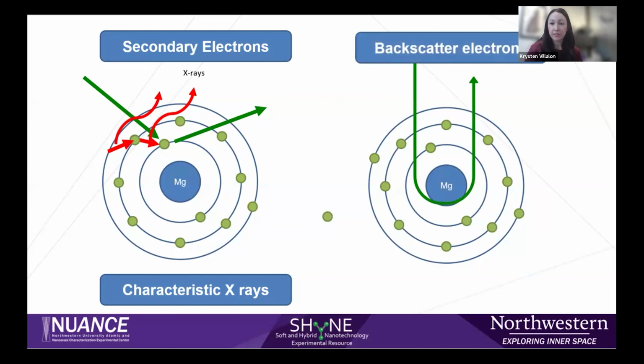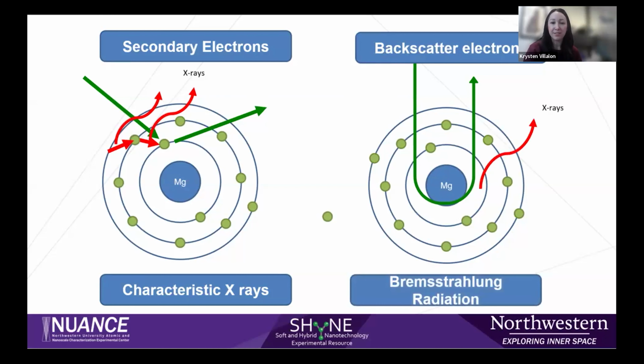We have backscattered electrons, which is when our primary beam reflects off the nucleus of an atom in our sample. And this is often an elastic process, but if it inelastically scatters, it might release an X-ray anywhere from 0 to the total energy of the primary beam that you had.